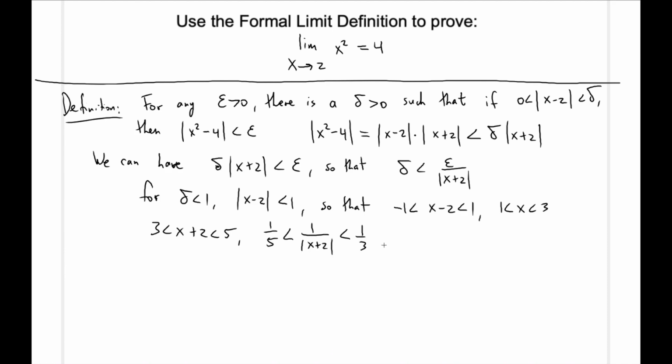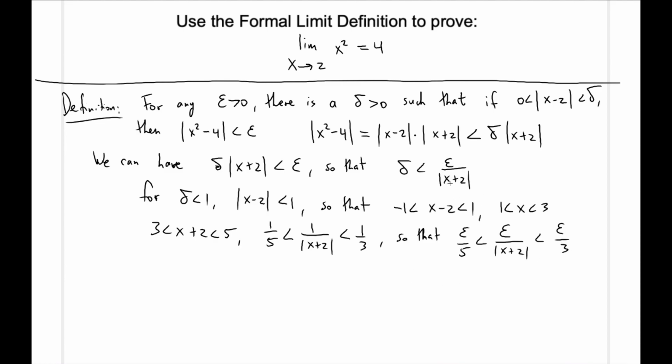Now we can multiply the numerators of these three by epsilon. So epsilon over 5 is less than epsilon over the absolute value of x plus 2, which is less than epsilon divided by 3.